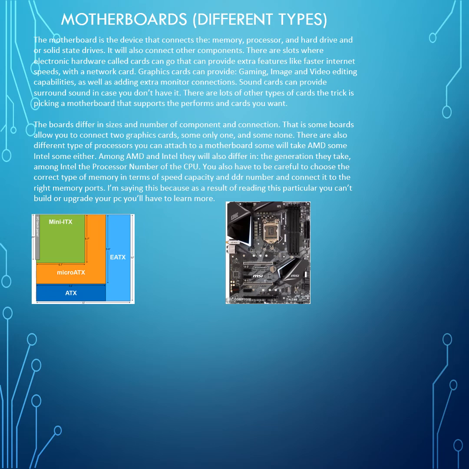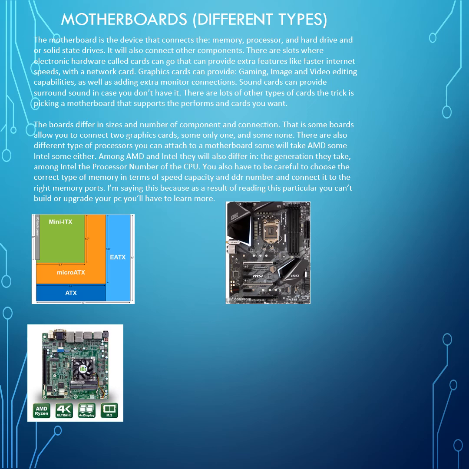You might have to download the PowerPoint presentation to see this. Then the Micro ATX is 9.6 by 9.6, going up to the extended ATX, the EATX, which is 13 inches by 12 inches. So here the first black component is an ATX board, second largest.